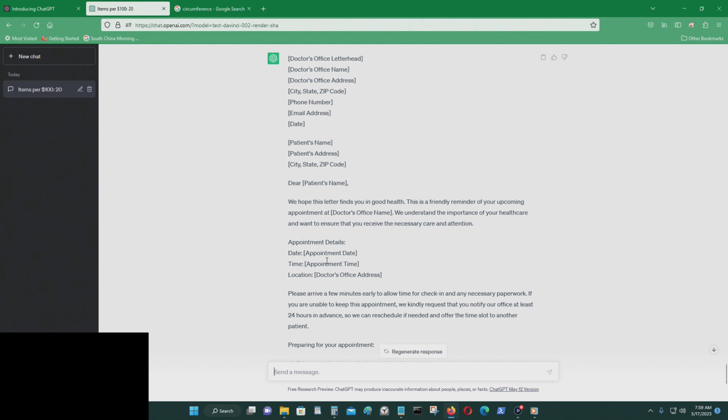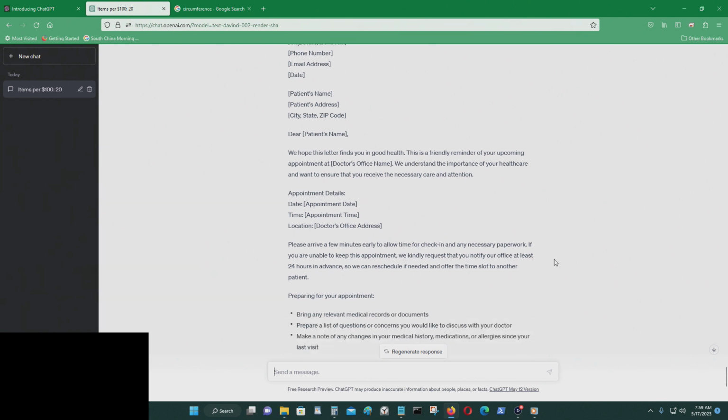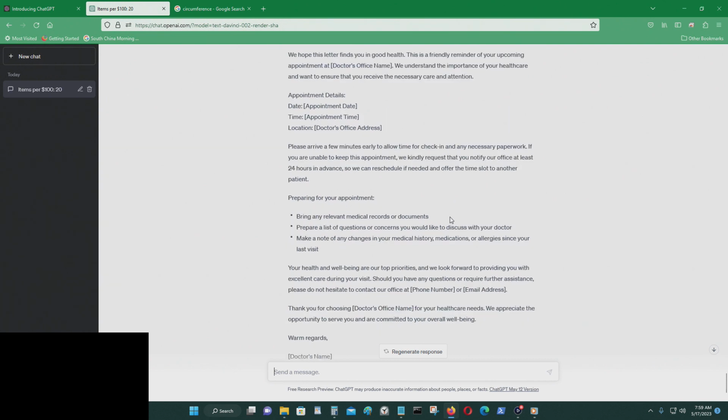Appointment details. Please arrive a few minutes early to allow time for check-in and any necessary paperwork. If you are unable to keep this appointment, we kindly request that you notify our office at least 24 hours in advance so we can reschedule if needed and offer the time slot to another patient. Blah blah blah. Okay, that looks about what you would get from a doctor's office as a reminder.